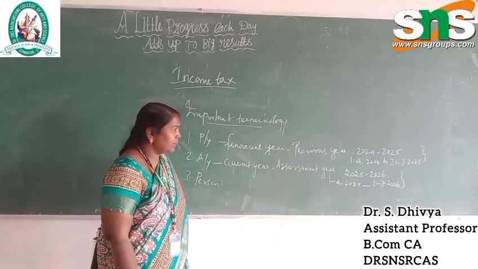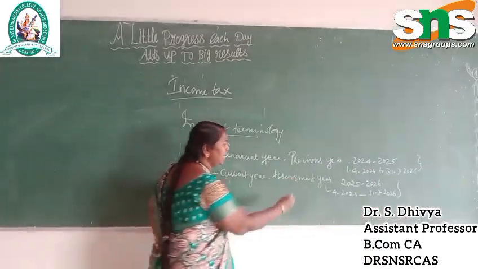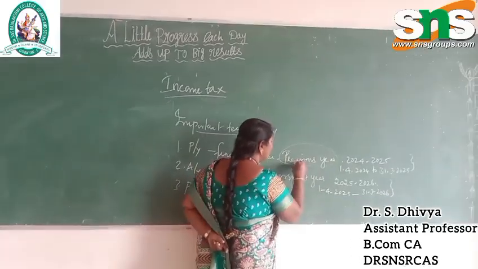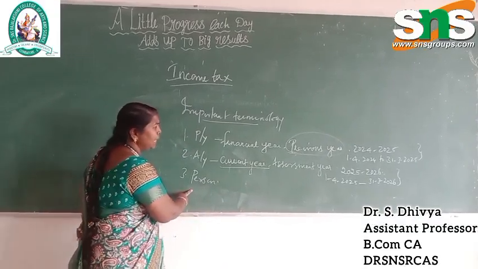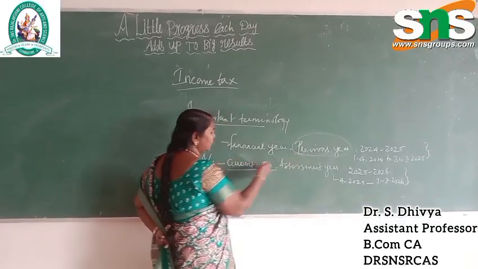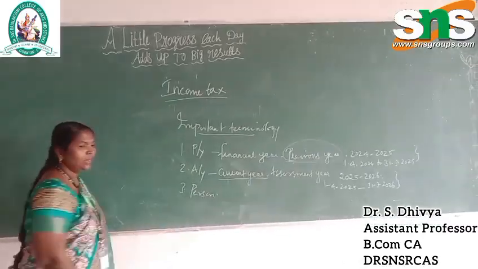First we should know this clearly, and that is important. So the person pays tax for the previous year in the current year. Next we see what is a person.